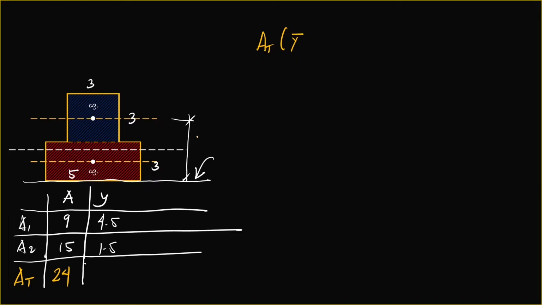So A times y bar, which denotes the distance of the centroid of the composite shape from the reference axis, is equal to A1 y1 plus A2 y2. If there is an A3, it would be A3 y3. Okay, so this is your formula.